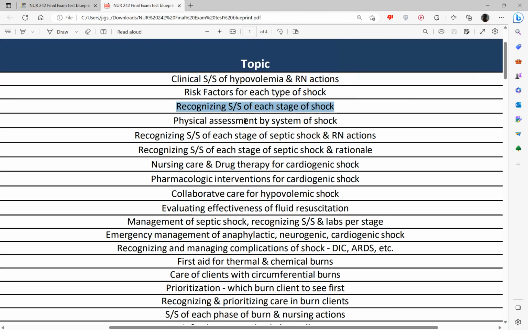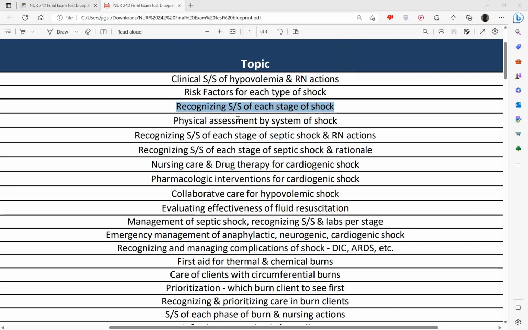Let's go to sepsis. What's the surviving sepsis bundle again? So in what order? For the first, what's your first action? Draw blood.